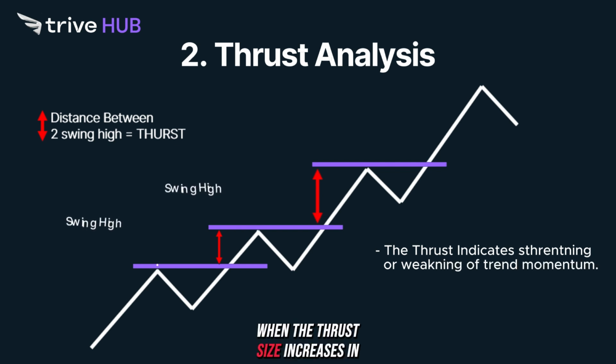When the thrust size increases in an uptrend or downtrend, it indicates a trend strengthening. When the thrust size decreases in an uptrend or a downtrend, it indicates a trend weakening. The logic behind this thrust analysis is momentum: the momentum is increasing in each and every swing.